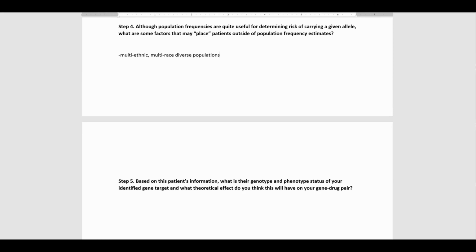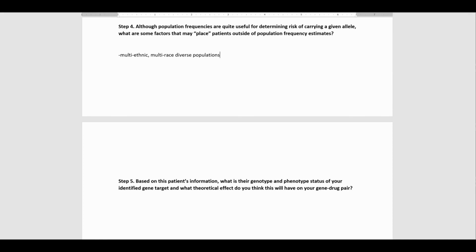As you guys have learned, age has a big effect on your CYP enzymes' metabolizing capabilities, so it can either mask genotypes, which we'll actually talk about later. And then diseases can definitely have effects on your body's ability to metabolize as well. So these are the things that might place patients outside of those frequency estimates that we kind of think about.